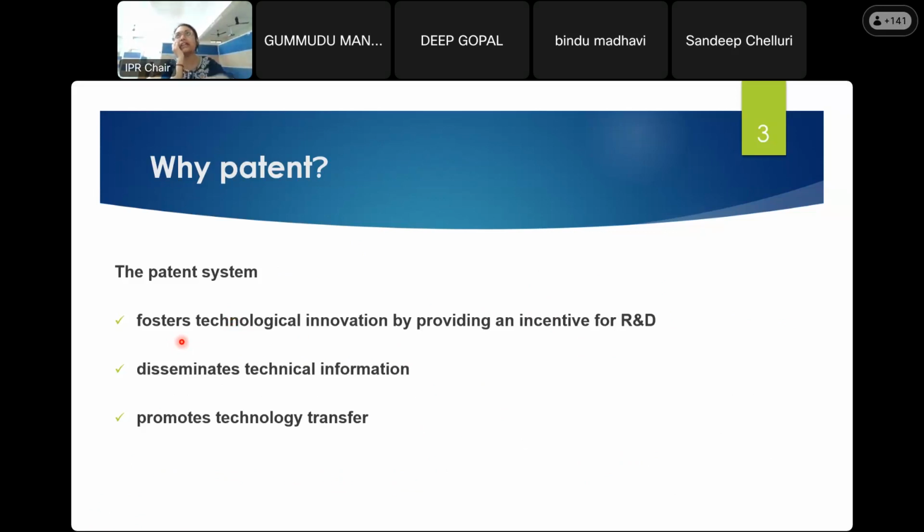So when it goes public, the public can see the detail of that invention. So it disseminates technical information and it promotes technology transfer. These are the basic benefits of having a patent system in the country.